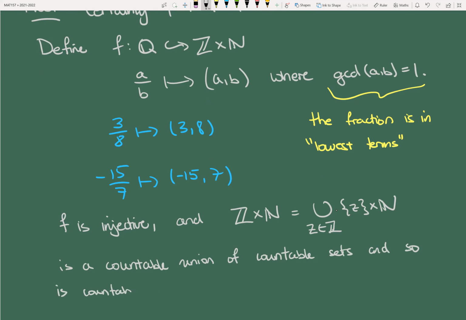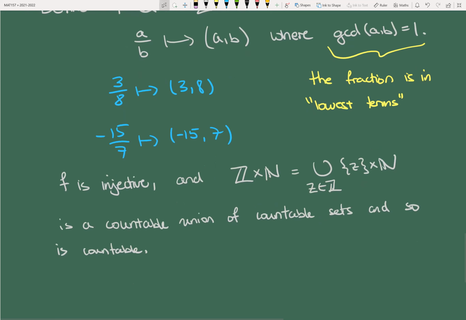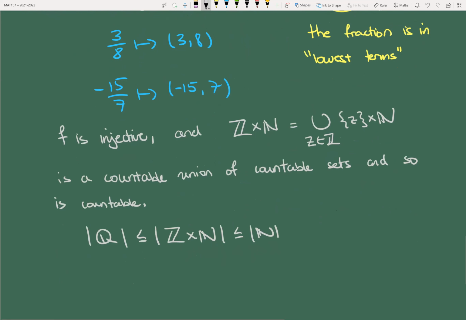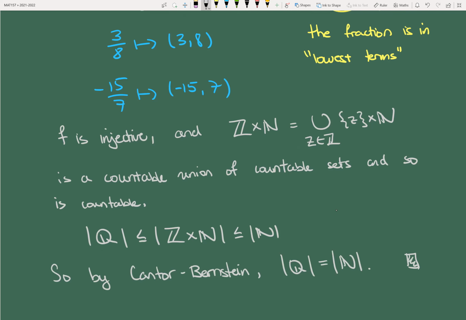So I hope you appreciate how powerful that theorem that I did earlier was, that a countable union of countable sets is countable. It opens up a lot of things, right? So this tells us that Q is less than or equal to Z cross N, which is less than or equal to N. And now by Cantor-Bernstein, we've got equality, right? Which is what we wanted.